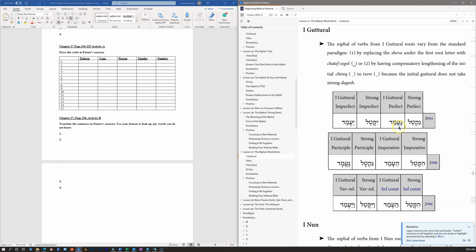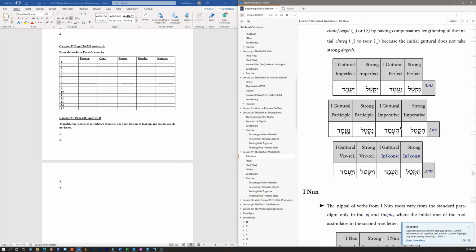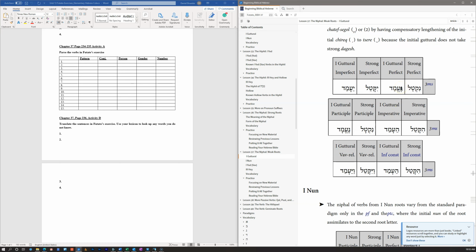And so they're going to shift here, and we saw this with the Niphals as well. They choose to go with the segel rather than a patak or something like that. So here the one guttural prefers a hatef segel, and so the Niphal prefix vowel is going to give the corresponding short vowel. All right, that's not too crazy. That should be relatively easy to recognize.